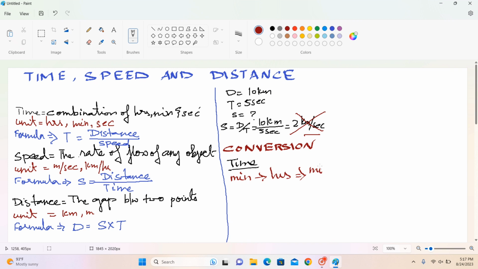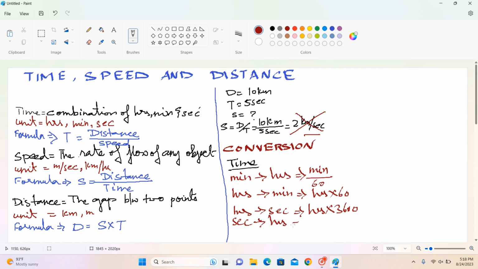So whatever the question is, divide by 60. If we need to convert hours to minutes, 1 hour is how many minutes? 60 minutes. So hours into 60. Again, if you want to convert hours to seconds, 1 hour is how many seconds? 3600 seconds. So hours into 3600.